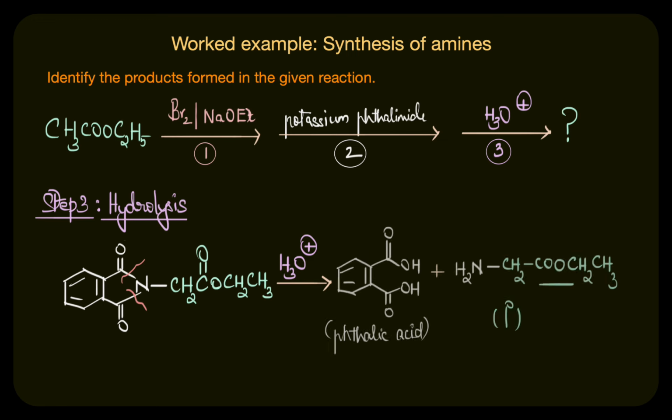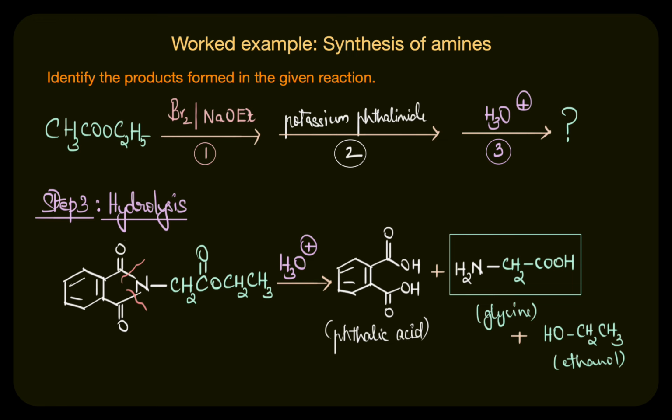So basically the final products obtained in this reaction would be phthalic acid, yes, it's the same here, and the ester hydrolysis products, which are NH2CH2COOH and ethanol, CH3CH2OH. So this primary amine is actually an amino acid glycine, and these are the different products that we get at the end of this reaction.